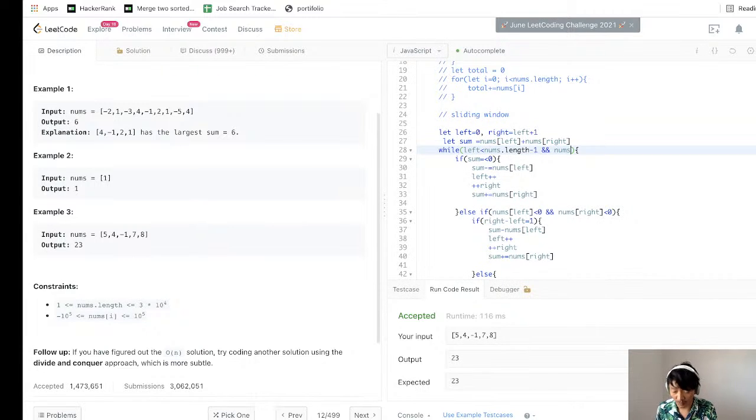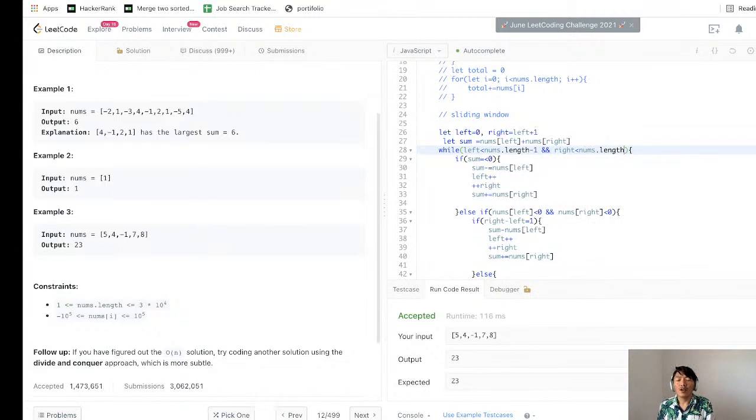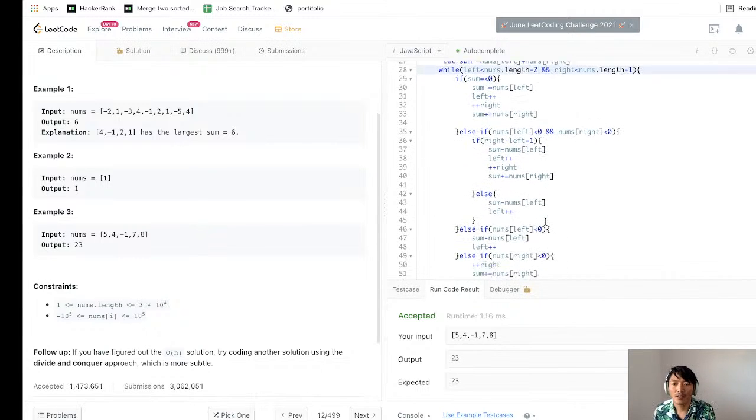And right is less than nums length minus 1, minus 2.